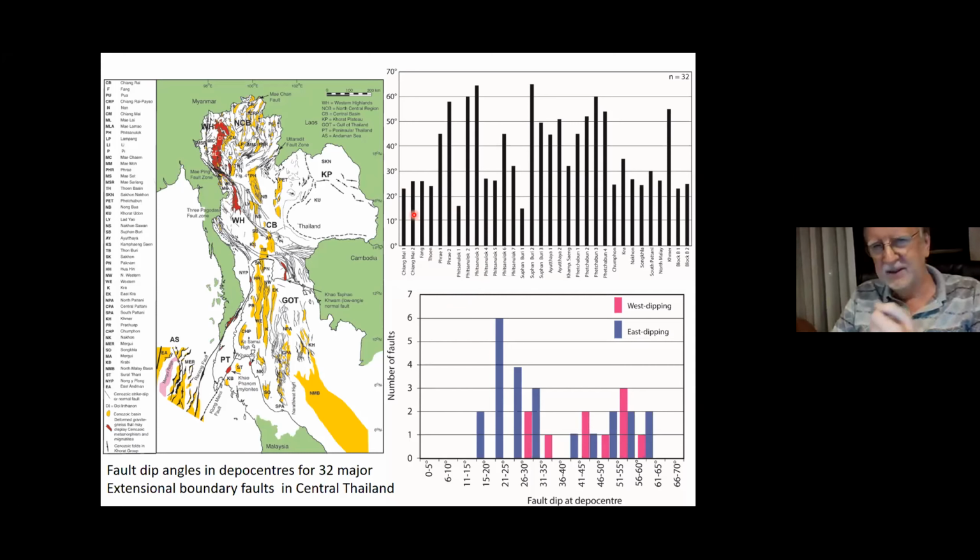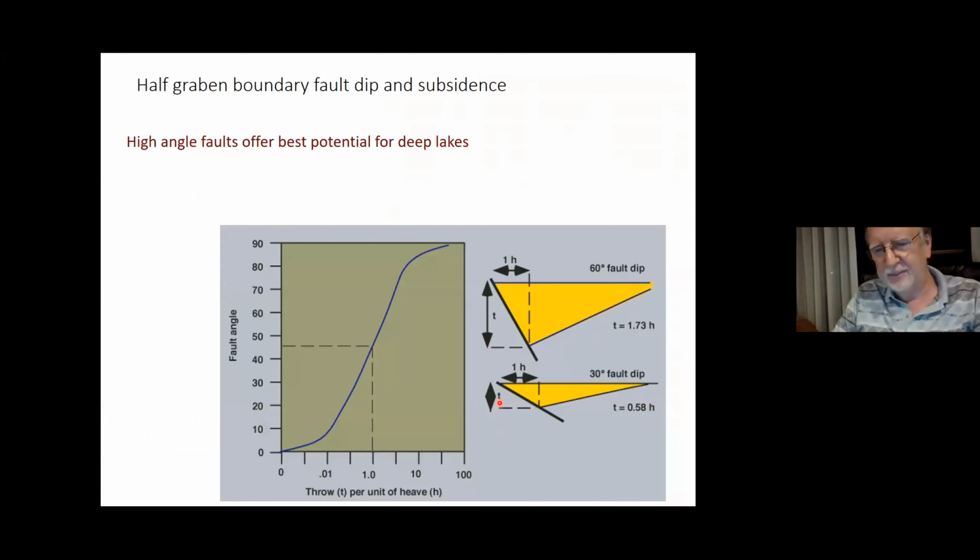So we need a special reason why the faults are doing that. And here, when we split the faults up into west and east dipping, we see the west dipping faults are relatively high angle and mixed with the east dipping, and only the east dipping faults are low angle, indicating it's the east dipping pre-existing fabrics that are influencing those faults.